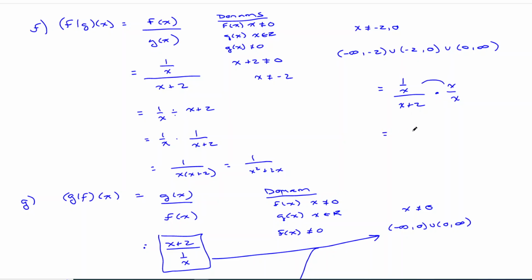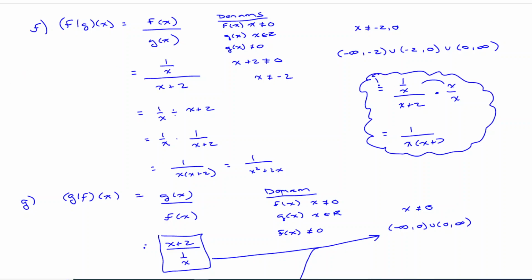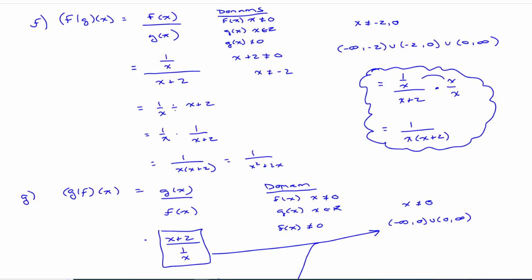So in my numerator, I have x over x, which is just 1, and then in my denominator, I have x plus 2. So if you wanted to use this as your method for simplifying the fraction, you're more than welcome to. It means absolutely the same thing, except I just wrote that really funny. I lost my 2. There we go.